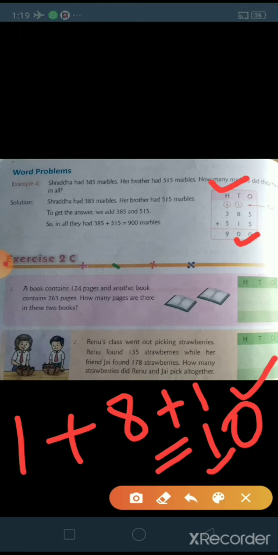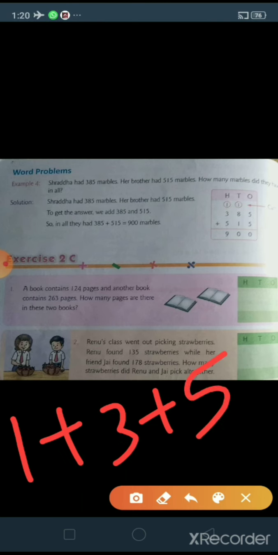Now we add the digits in the column of hundreds: 1 plus 3 plus 5. 1 plus 3 is equal to 4 and 4 plus 5 is equal to 9. So the total is 900.